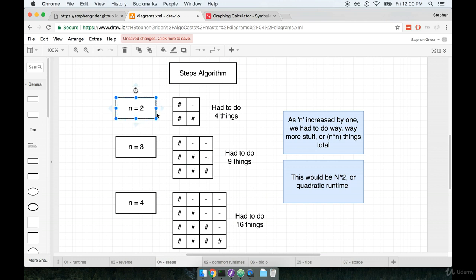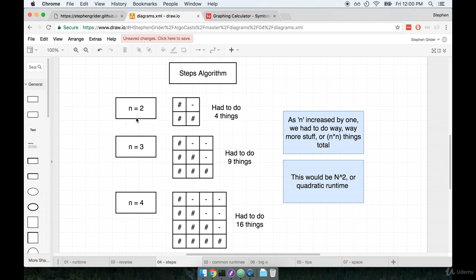When n was equal to 2, we essentially had to do 4 things. We had to produce 1, 2, 3, 4 characters. When n was equal to 3, we then had to do 9 things. And when n was equal to 4, we had to do 16 things. So in this case, there's clearly not a one-to-one relationship between the input to our algorithm and the amount of processing power that was required.